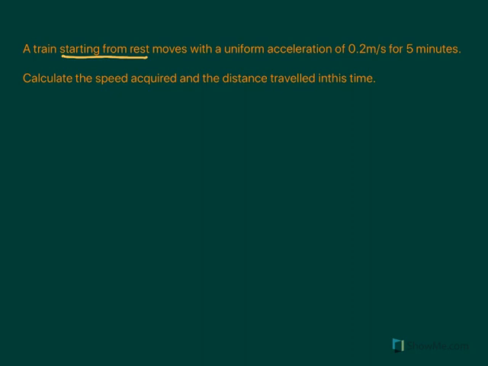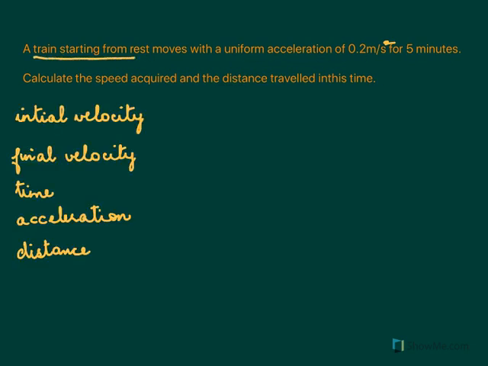A train starting from rest moves with a uniform acceleration of 0.2 meter per second square for 5 minutes. Calculate the speed acquired and the distance traveled in this time. A train starting from rest, so initial velocity is 0. So here write u equal to 0 meter per second.